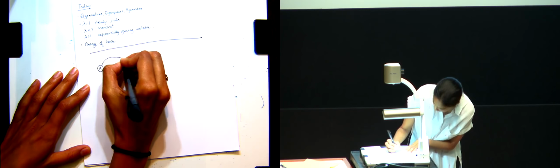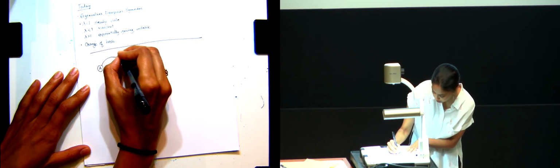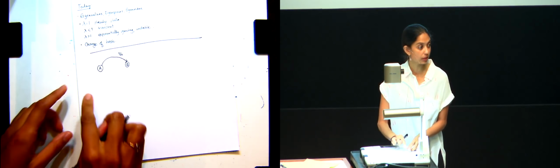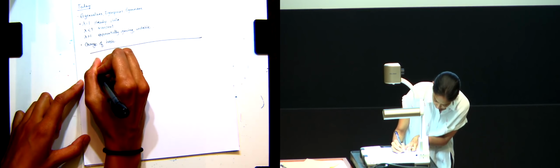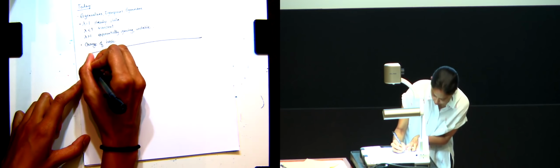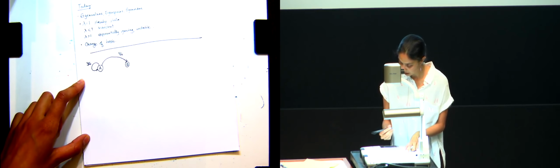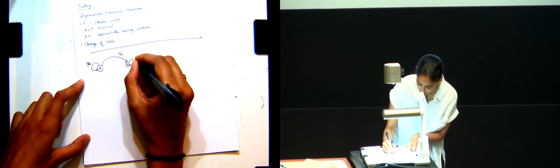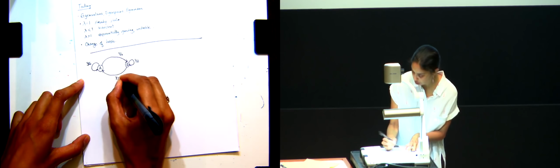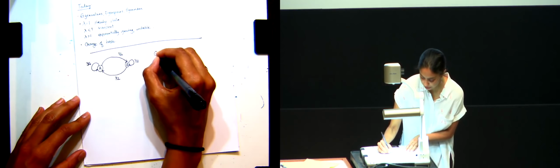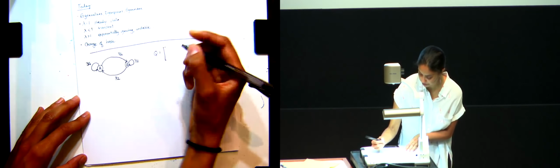Let's say we have website A and website B, and 1 in 4 of the links on page A go to page B, and 3 in 4 of the links go back from A to A. And half of the links on B go back to B, and half of the links on B go to A. So let's write out the transition matrix for this.